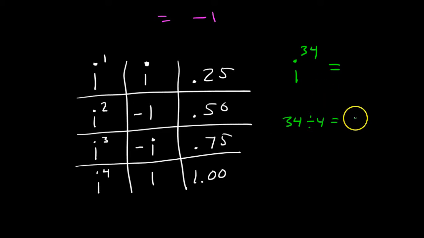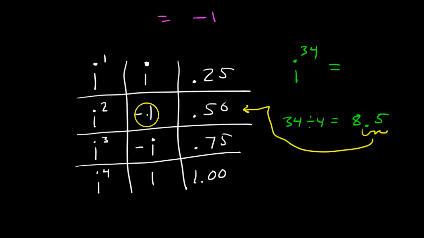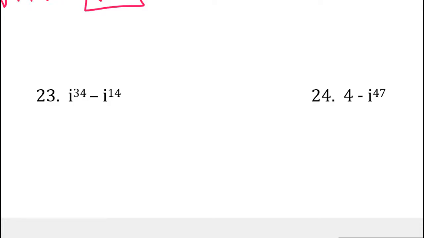That turns out to be 8.5. The 0.5 part tells me that we are in this row, which means that the answer is negative 1. So that means this is negative 1.